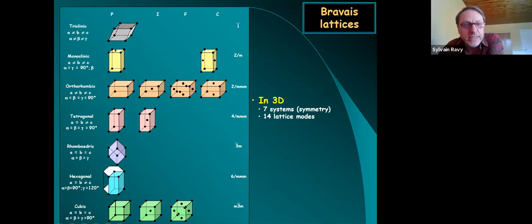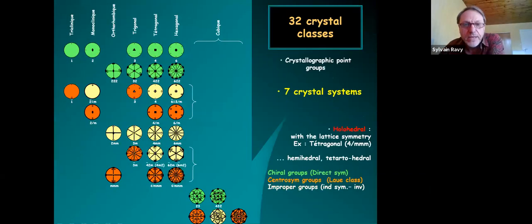Okay, Bravais lattices. Then we can come back to what are called crystal classes, which are the point groups which are compatible with periodicity. So if you have a periodic crystal, you can ask what is its point group, and it is one of these 32.